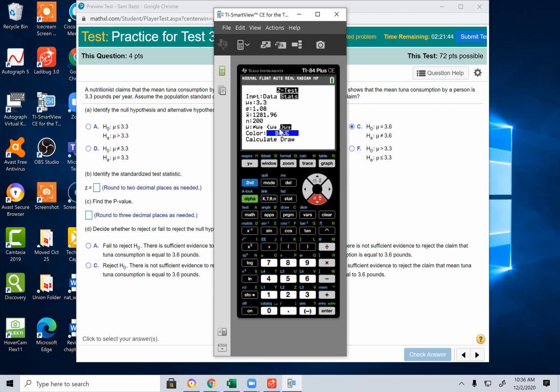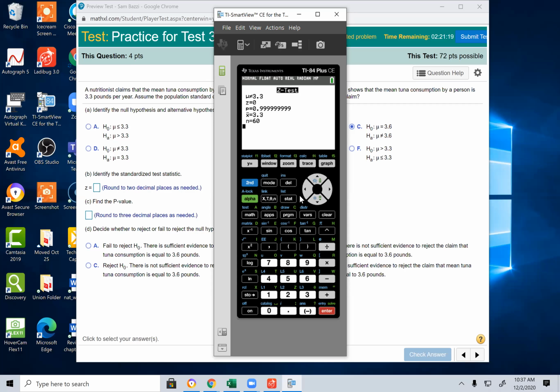X bar was 3.3. N is 60. And we have equal or not equal, guys. That's it. Not equal. And remember, the claim is in the null hypothesis. That's why he asked us if we can reject the claim. And hit calculate.